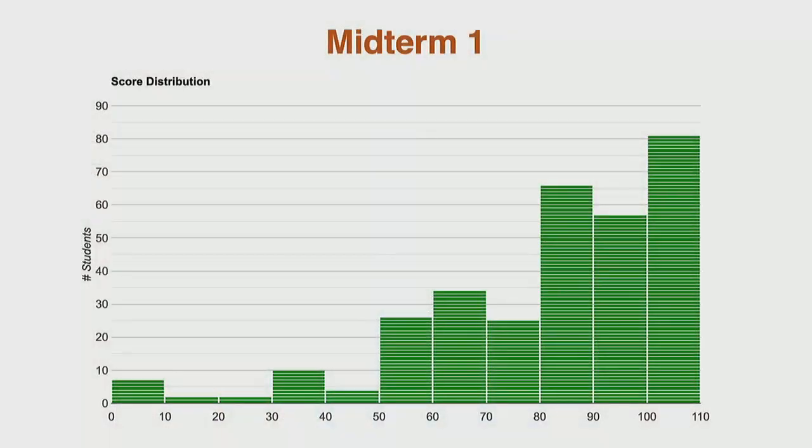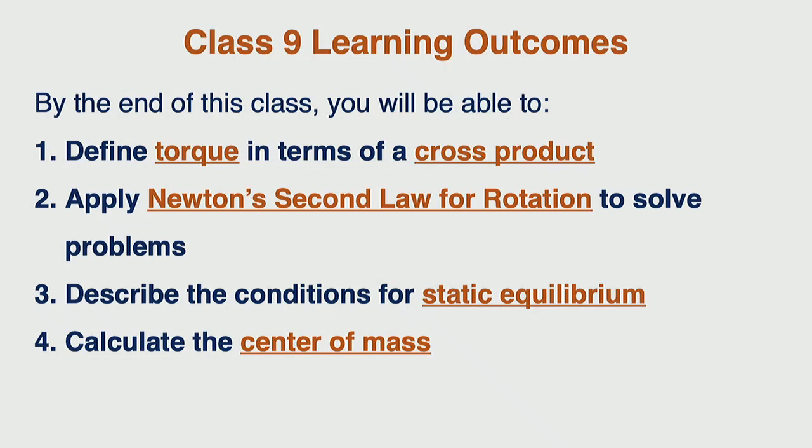Okay, switching to the computer here, what we're talking about today is torque. The concept of torque requires a mathematical idea called a cross product. It involves vectors, and you can roughly think of it as doing multiplication with vectors.